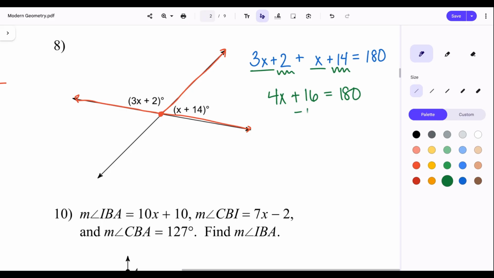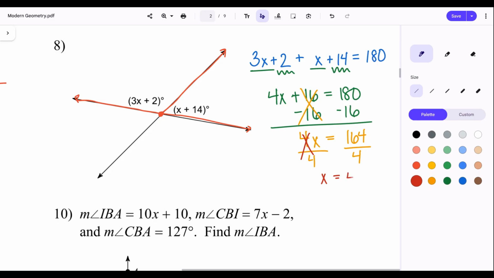Okay, you should have subtracted your 16. So you've got 4x equals 164, divided by 4. And you should have gotten x equals 41.